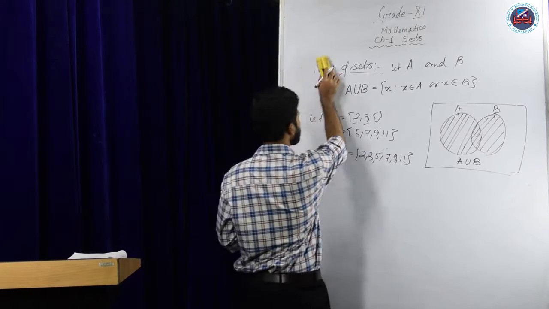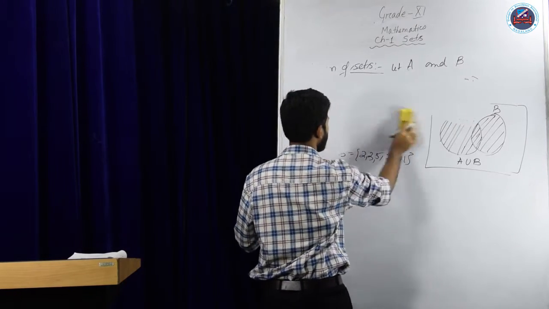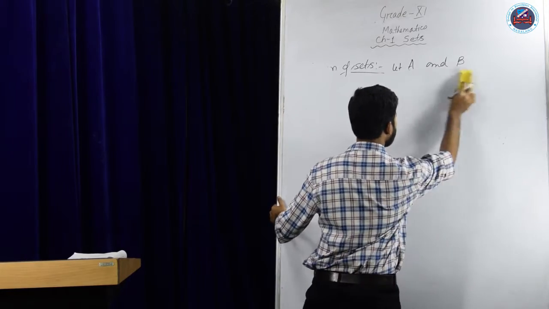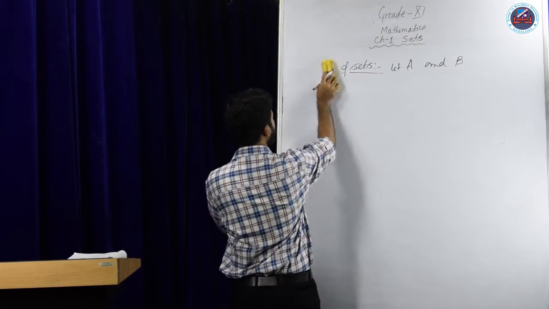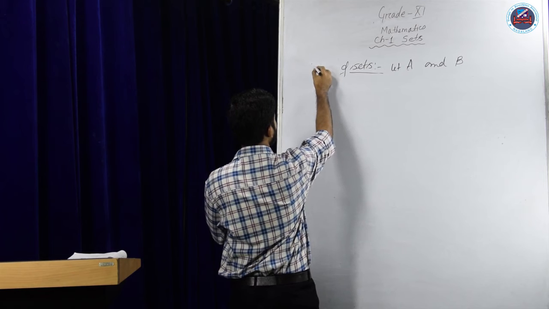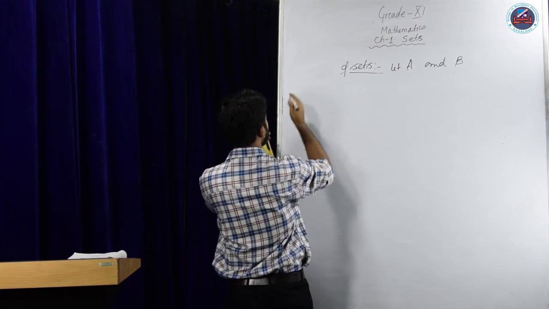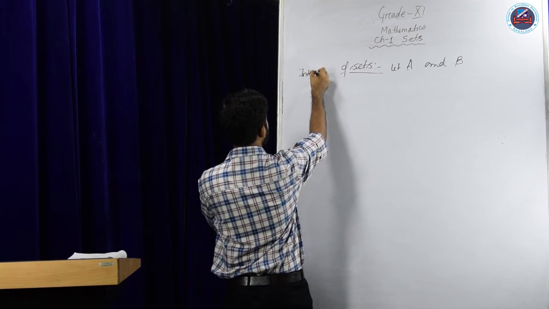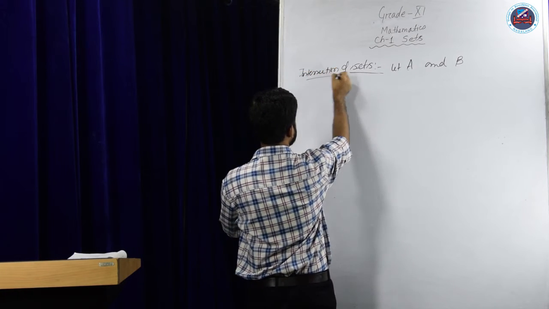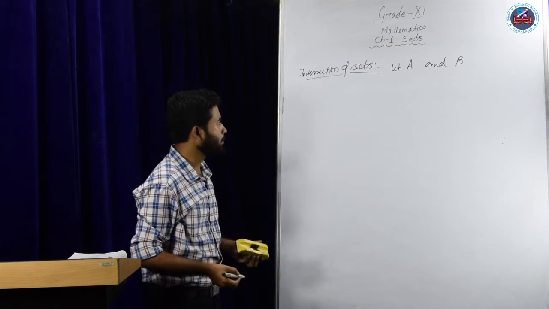Next, let us see what is intersection. For intersection, we can take two sets. Intersection of sets. Okay. So let A and B be two sets.